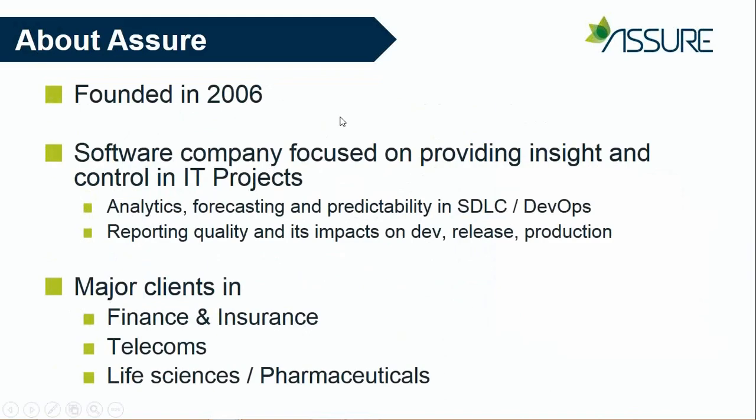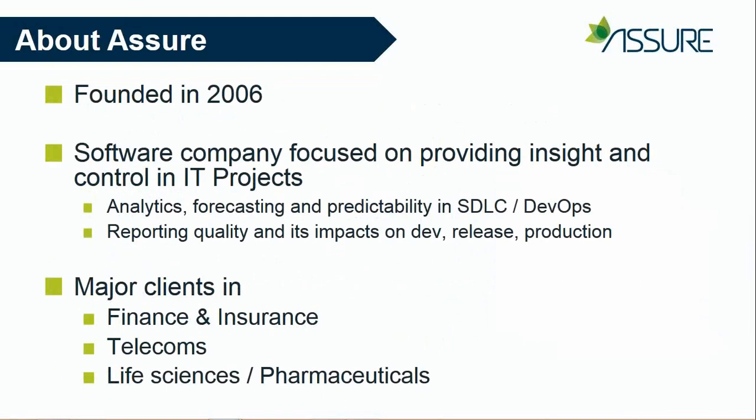So with that, let's begin about Azure. We were founded about 10 years ago. We are nowadays a software company. We focus on providing insights and control in IT projects and programs. The way we do that is analytics, forecasting and predictability in SDLC and really DevOps. The focus is on reporting on quality and the impacts it has on the whole DevOps lifecycle.